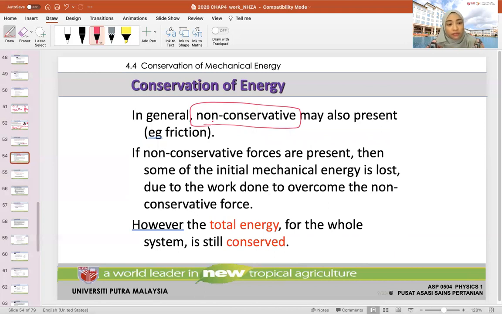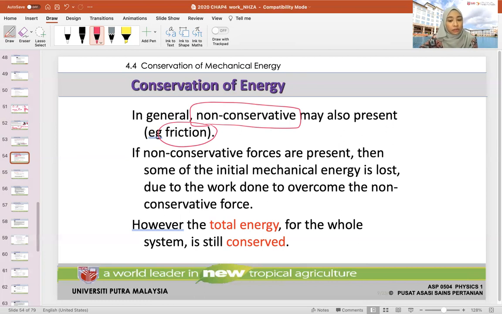And then non-conservative is something that makes you lose energy from the system. In this case, we are just going to focus on friction. Another type of non-conservative force is air resistance, but we're not going to talk about that in our syllabus. They can complicate things. So if non-conservative forces are present, then some of the initial mechanical energy will be lost due to the work done to overcome the non-conservative force.